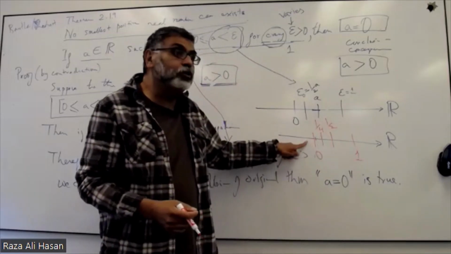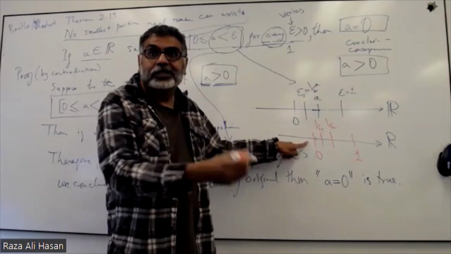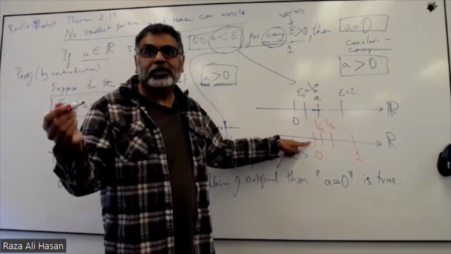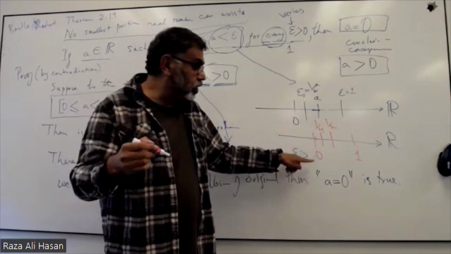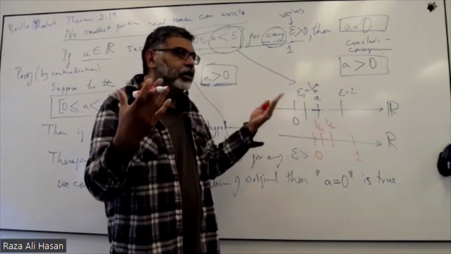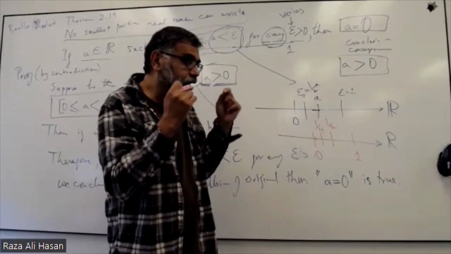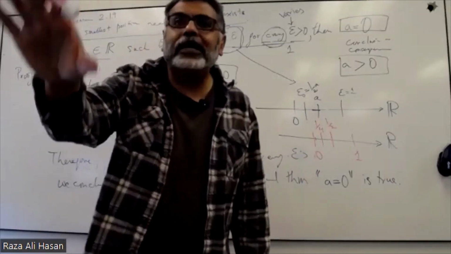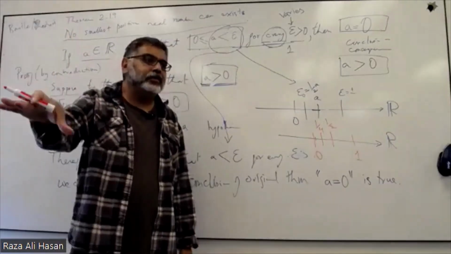I could be here for 2 million years, just going left and never getting to 0, looking for the smallest positive real number, because 0 is not considered a positive real number. It's a non-negative number, not a positive real number. It is a real number, by the way. 0 is a real number, but not a positive real number.